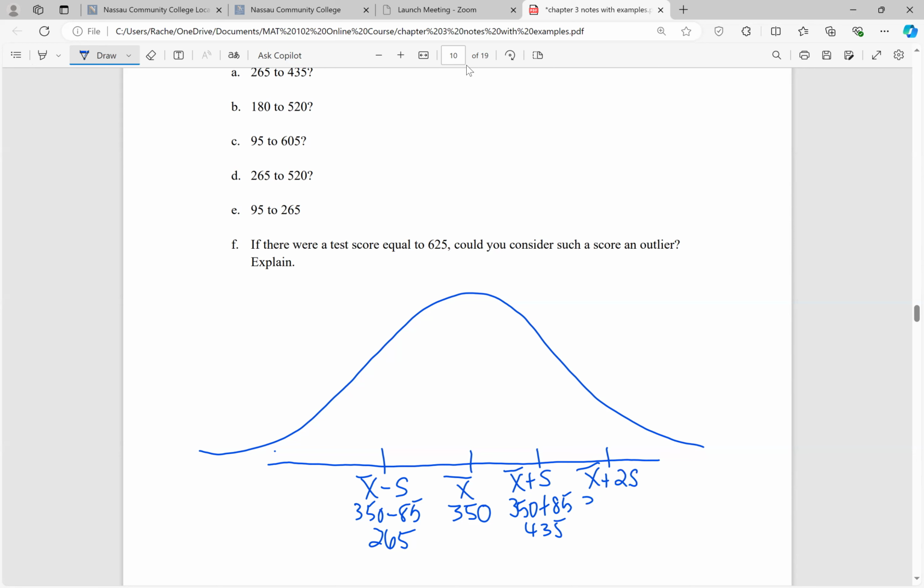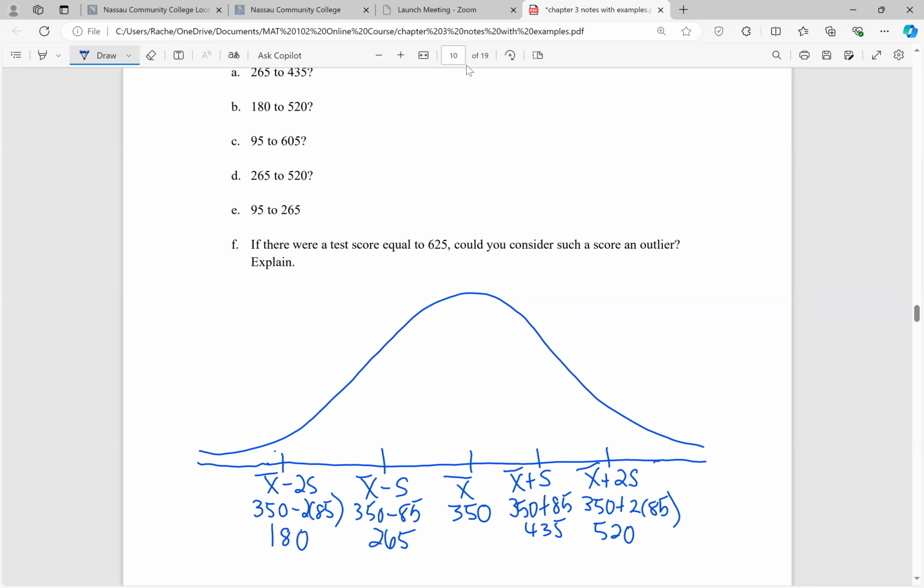That's going to be 350 plus 2 times 85, which is going to be equal to 520. And then what if I took the mean and I subtracted 2 standard deviations? So if I took 350 and I subtracted 2 sets of 85, I'm going to get 180.